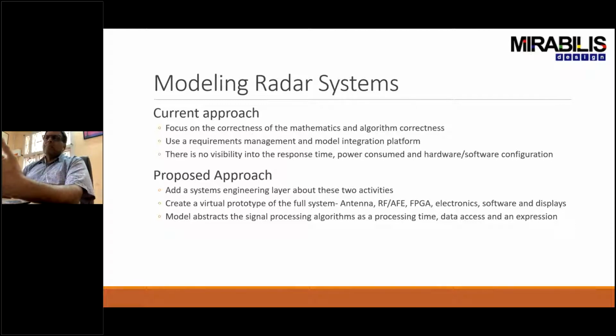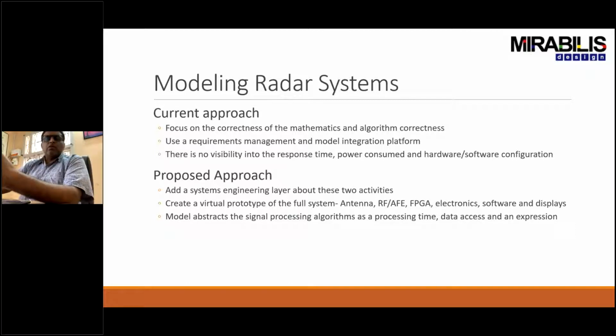In this case, the algorithms that might be in your analog system or in your signal processing, we wouldn't put in all the details that you would put in, say, your Verilog or your Simulink model. Rather, it'll be abstracted up to how much time it's going to take on a certain processor or a certain hardware block or an FPGA, the amount of data access, which is like going into the memory and getting data, and of course any sort of expression that can be utilized to say that the data came in, we did this kind of processing, and we took it out.